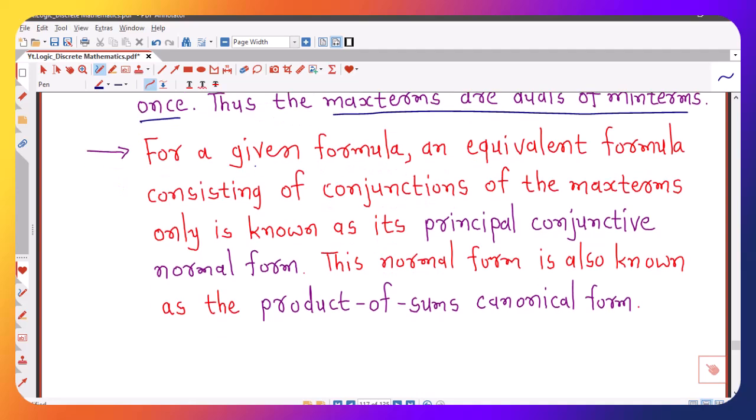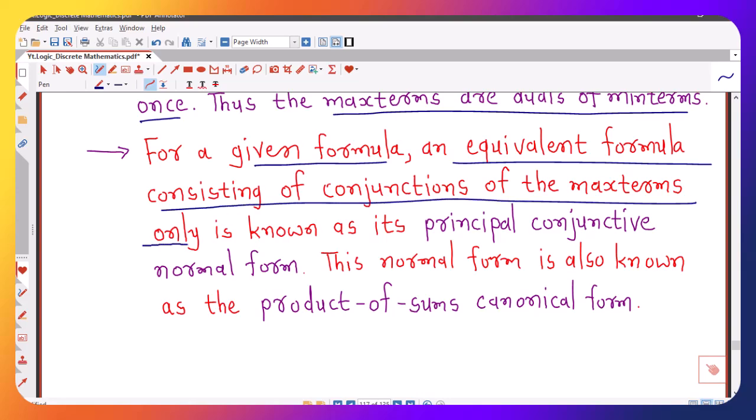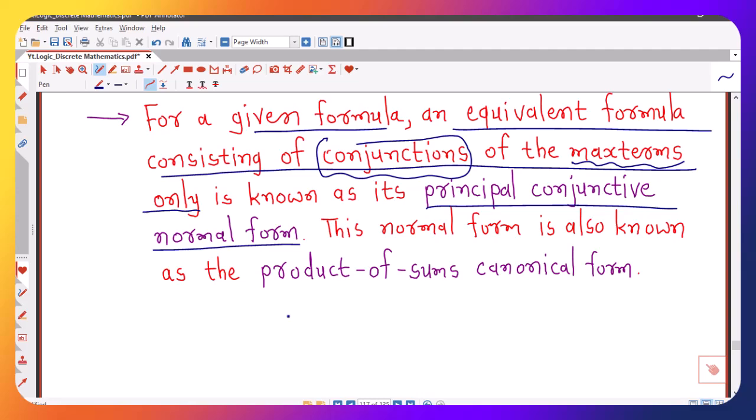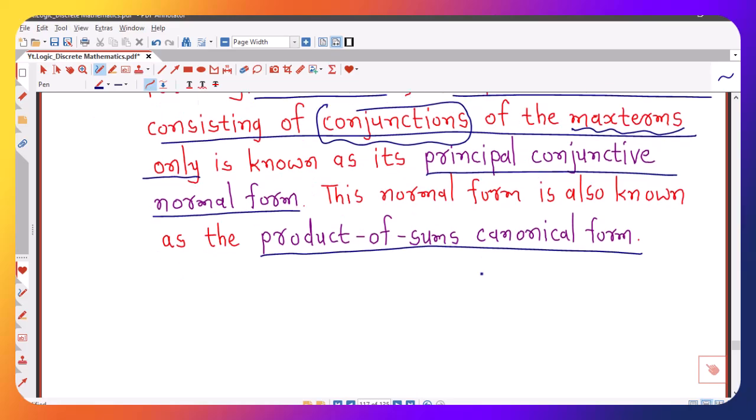And for a given formula, an equivalent formula consisting of conjunctions of max terms only is known as the principal conjunctive normal form. This is the definition of principal conjunctive normal form. It is the formula consisting of conjunctions of max terms only, and another name for this is the product of sums canonical form.